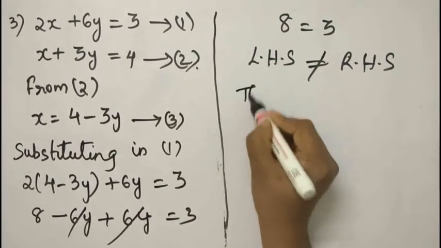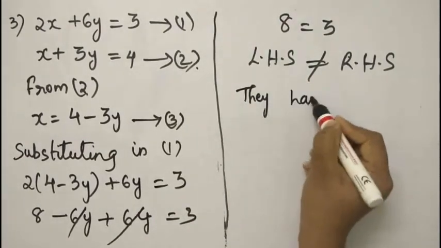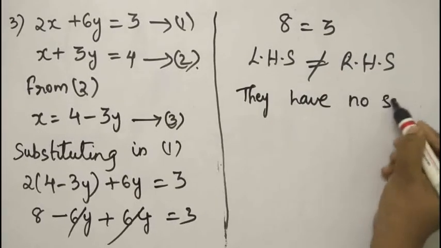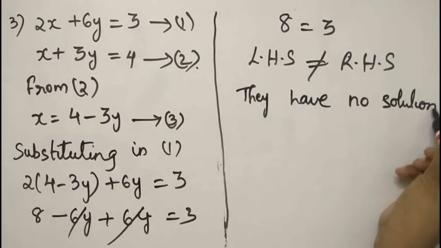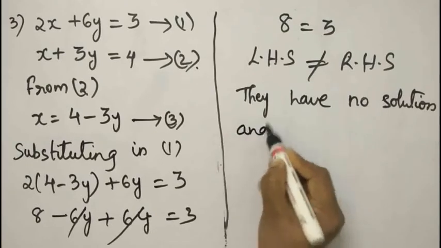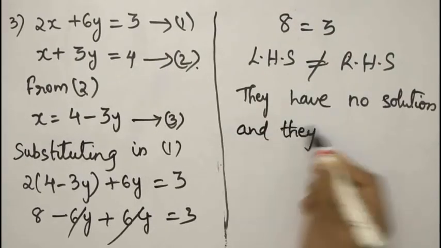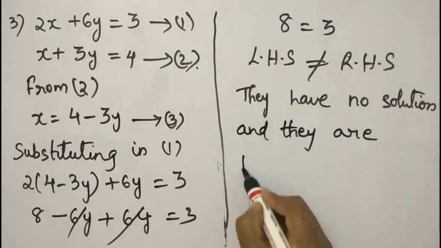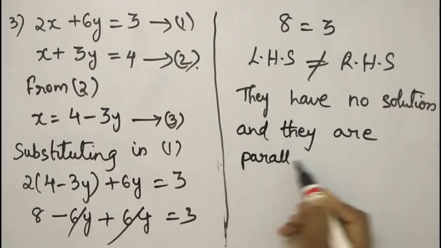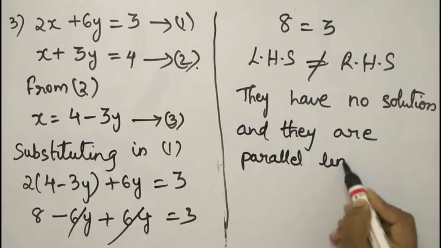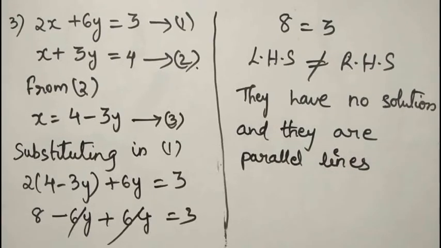They have no solution and the two lines are parallel lines. This is what you will observe while solving by the substitution method in the 3 cases. In case of intersecting lines, you will get the value of x and y because intersecting lines have a unique solution.